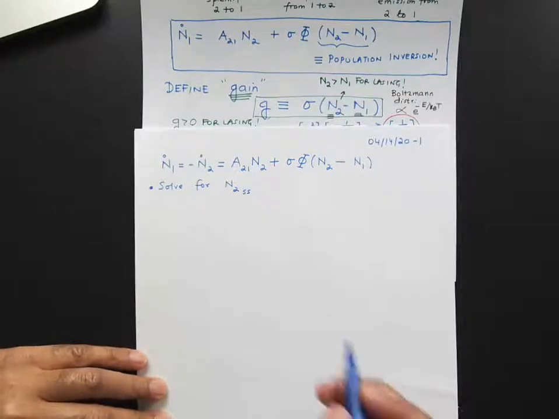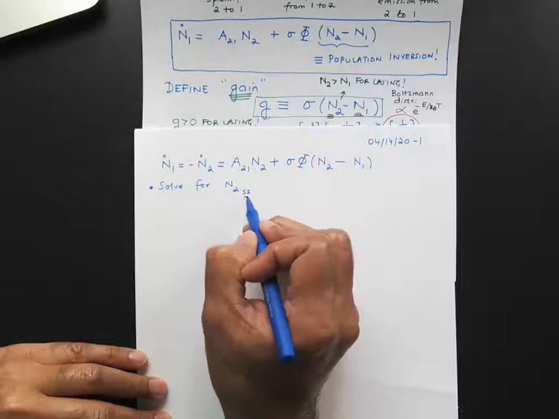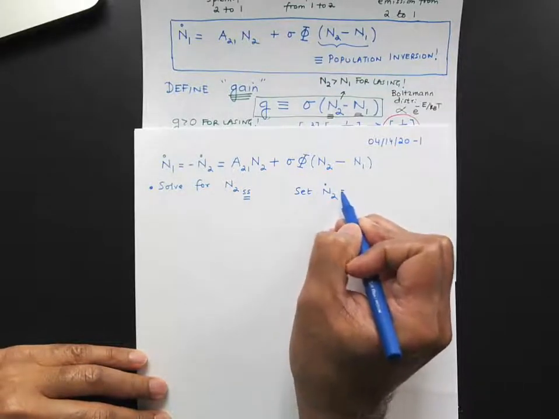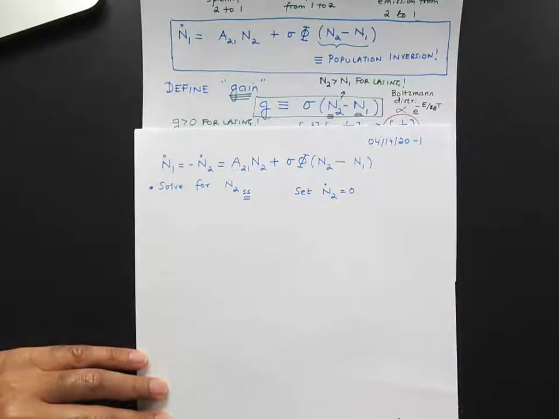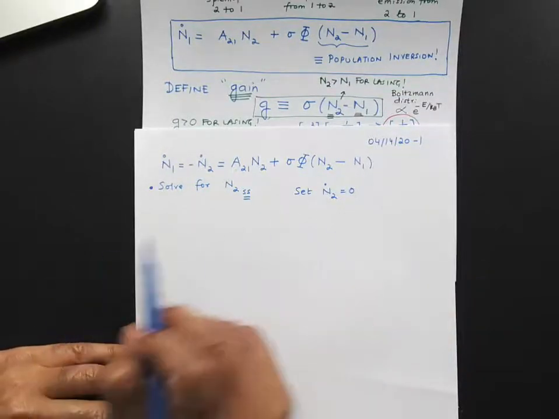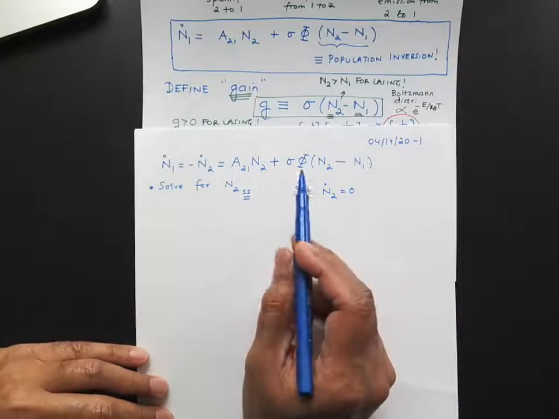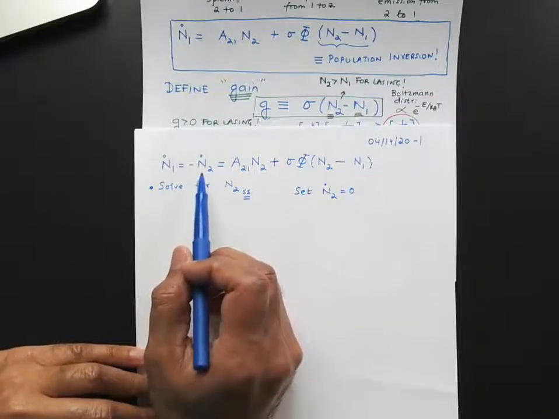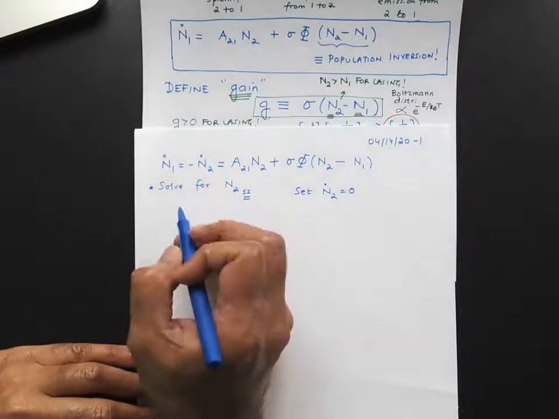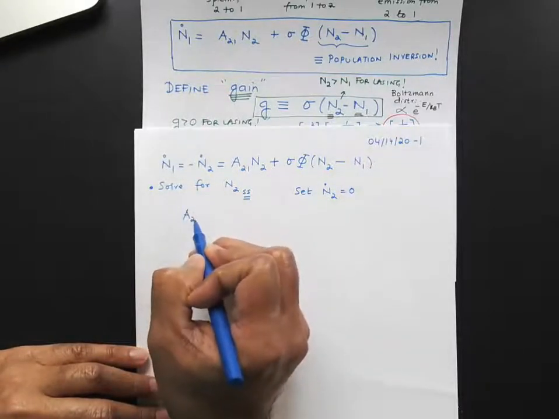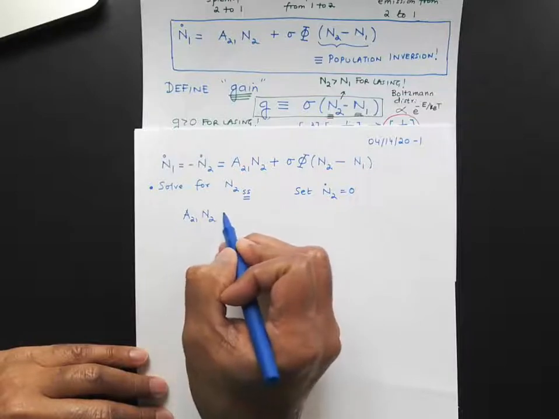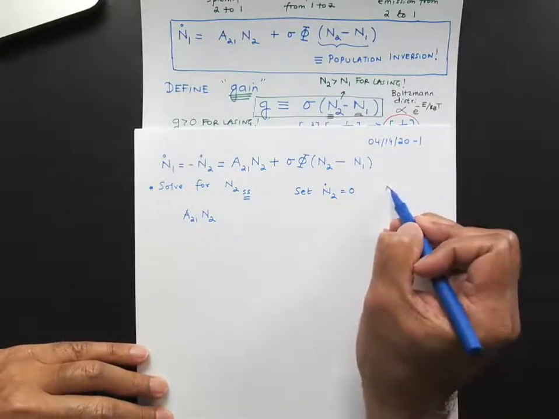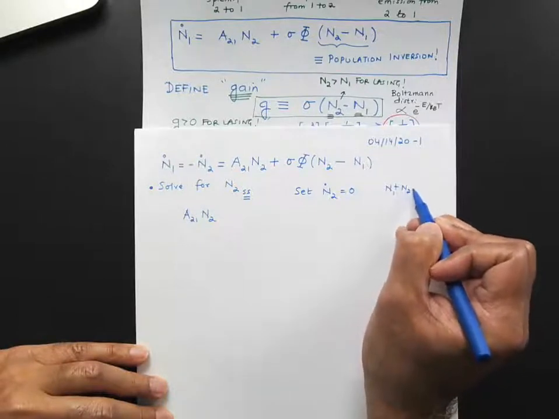So whenever we say steady state, that means that you set the change to 0, right? It's in the steady state, so it can't be changing. And so that means that in this equation up here, with A21 N2, N2 dot is 0, and so is N1 dot, because remember, N1 plus N2 is a constant.